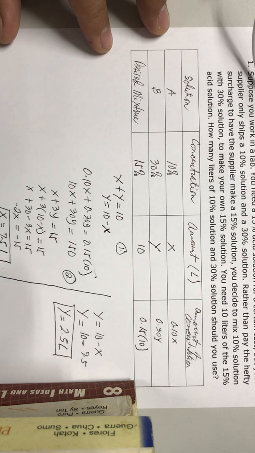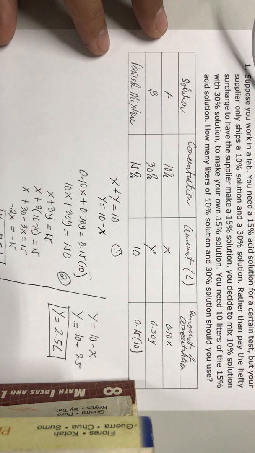You work in a lab, you need a 15% acid solution for a certain test. However, on hand, you have a 10% solution and a 30% solution. You can't use the 10% solution in replacement or to substitute the 15% solution, and you can't use the 30% solution to replace the 15% solution either.